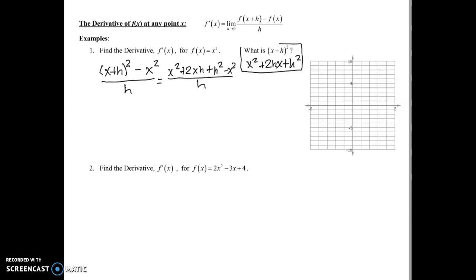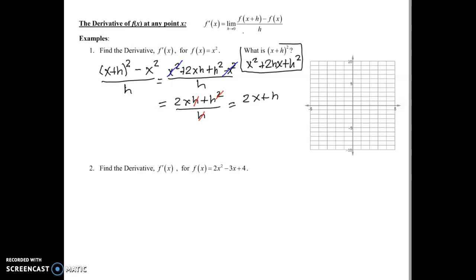Then we cancel out our like terms. Here we have an x squared and an x squared that cancel out. So what we're left with is 2xh plus h squared all over h. And then we can divide that h through. So this h cancels with this h, and one of the h's cancels here. So our answer is 2x plus h.